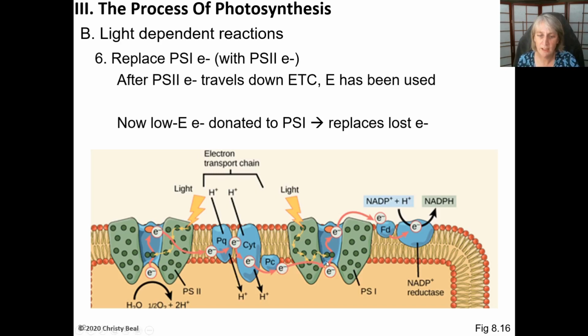This electron is excited again, and now this electron is built into NADPH. It helps to reduce NADP positive into NADPH. It's still pretty excited. And this molecule is now going to be a source of excited electrons. We made energy and excited electrons in a carryable form.